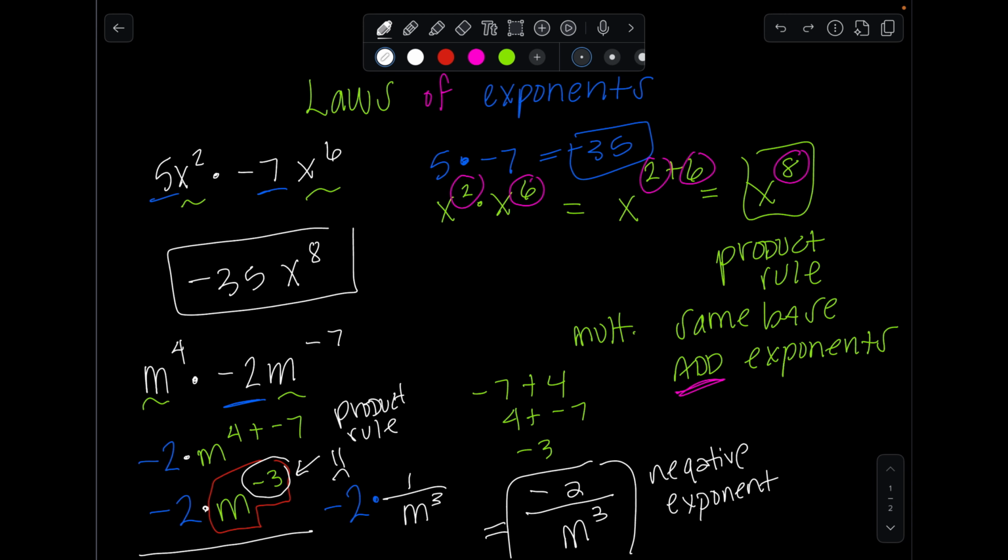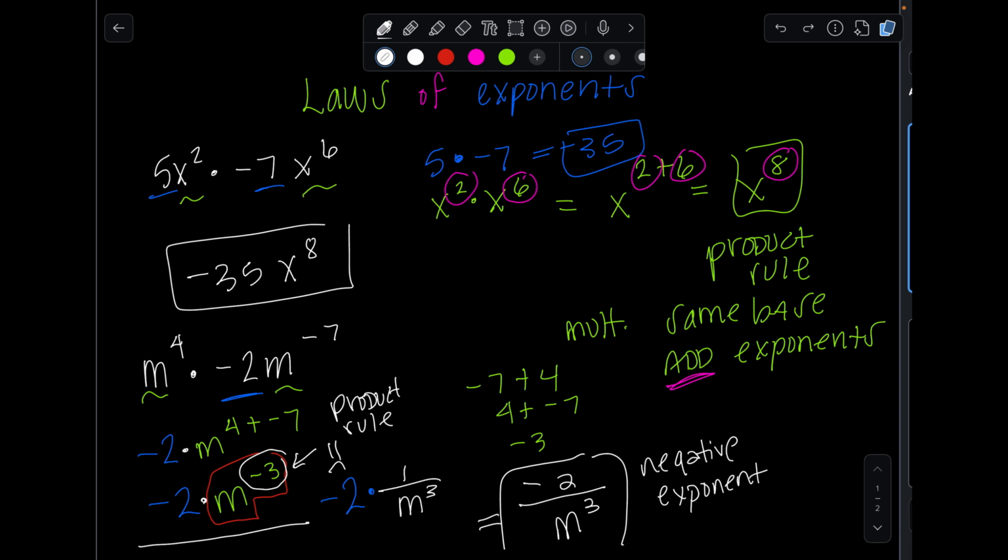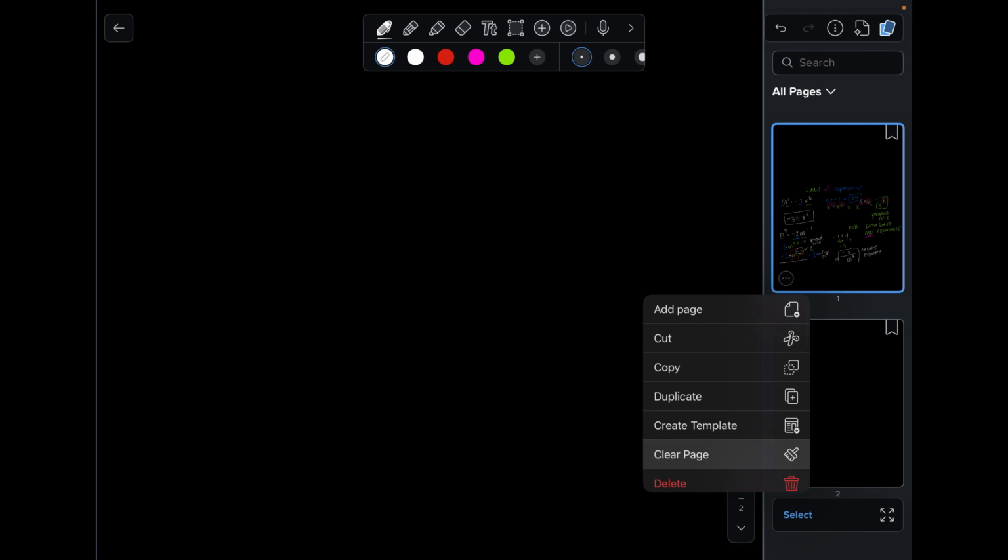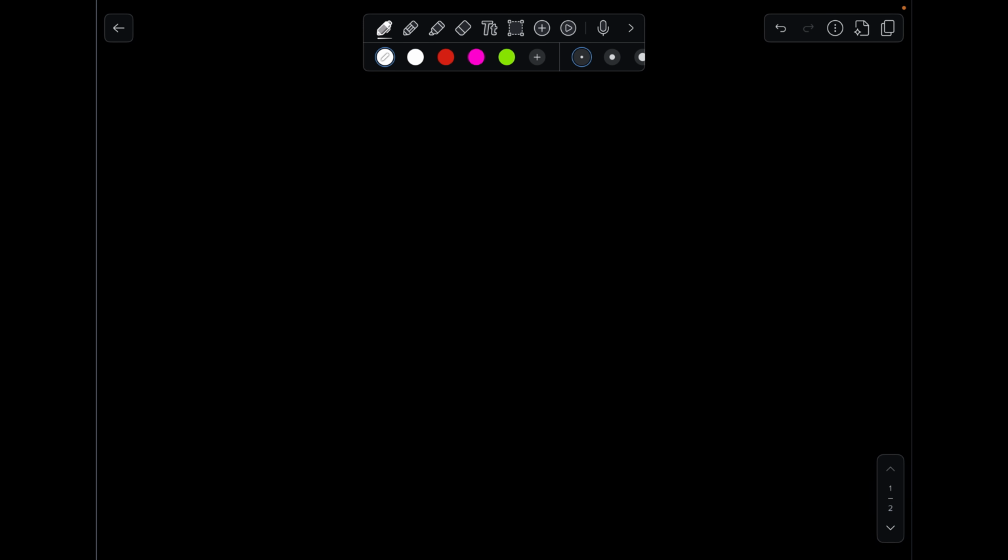Let's go ahead and jump into the quotient rule. What if you have 18 divided by 3, p to the 4th, q to the 8th, and then p, q to the 3rd power.